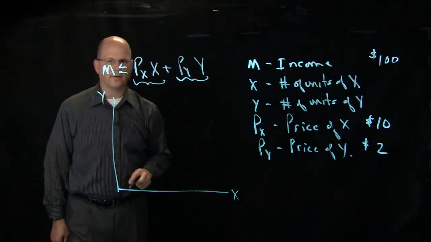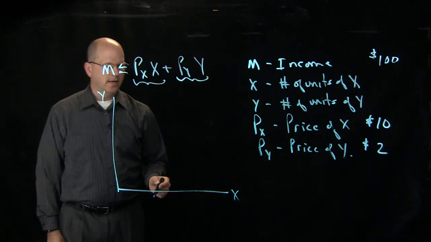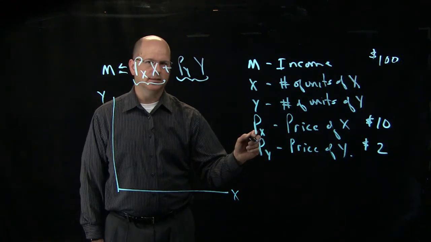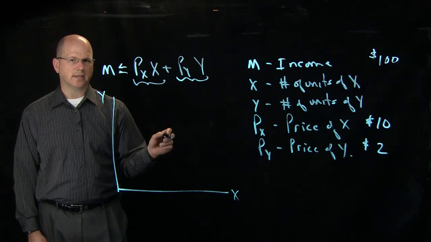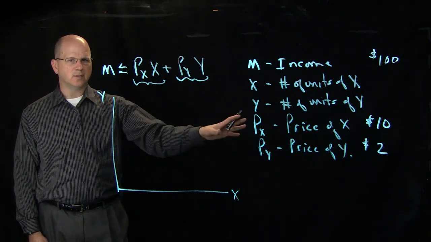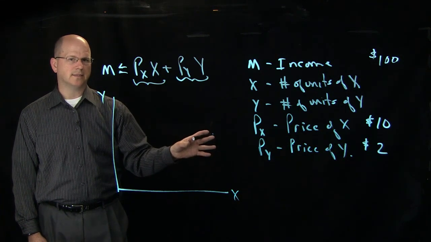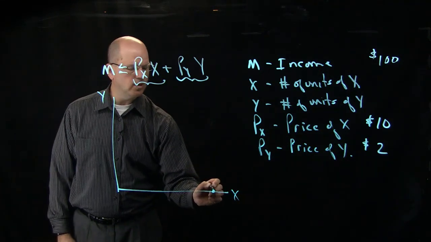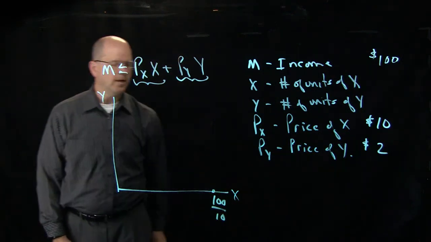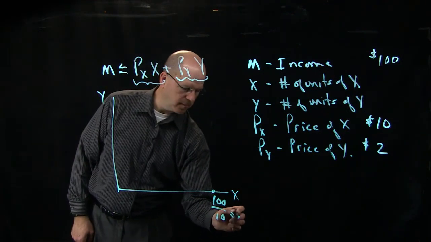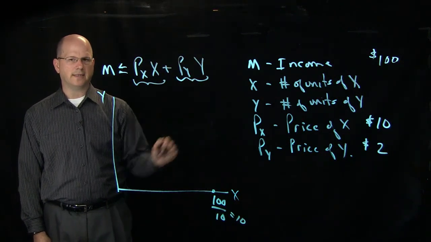Going back to our graph, again, we're in two good world, good X and good Y. If we only buy good X, how many units of good X could we buy, given these prices? We have $100 to spend. A unit of good X costs $10. So if we only buy good X, we could buy 10 units of good X, right? Just 100 divided by 10.